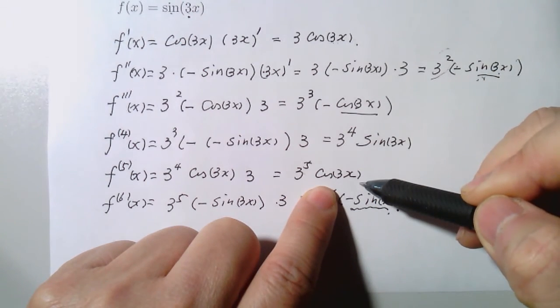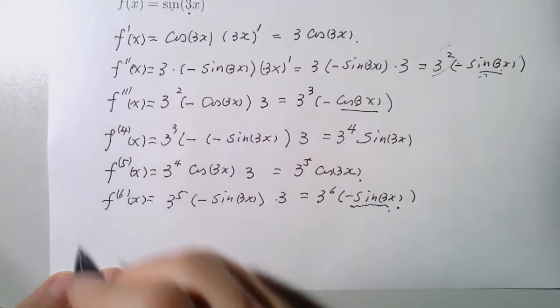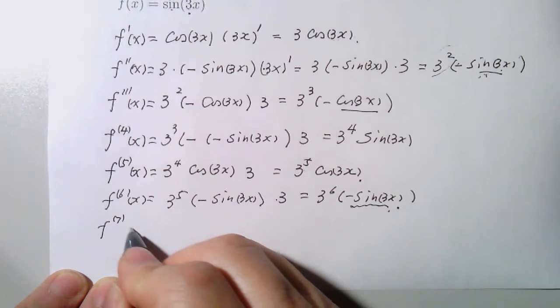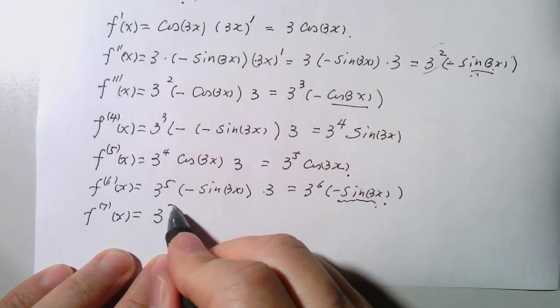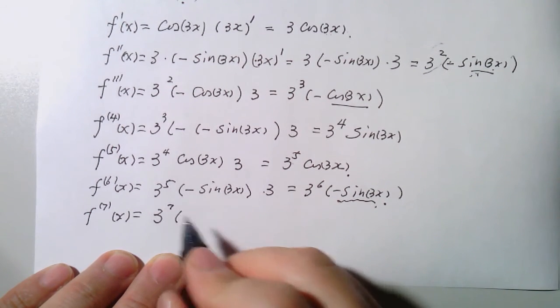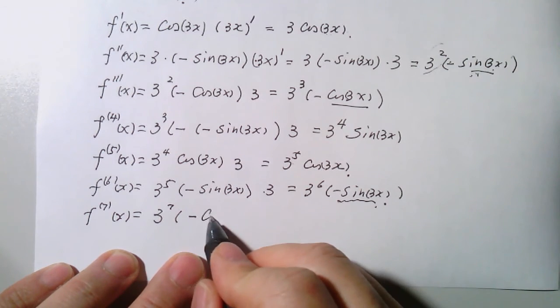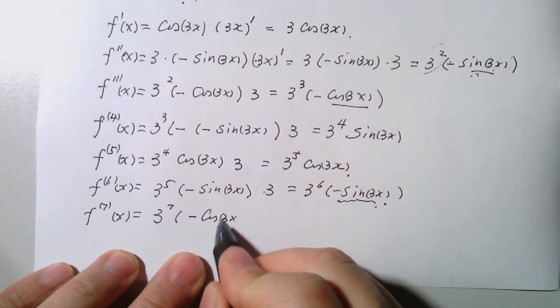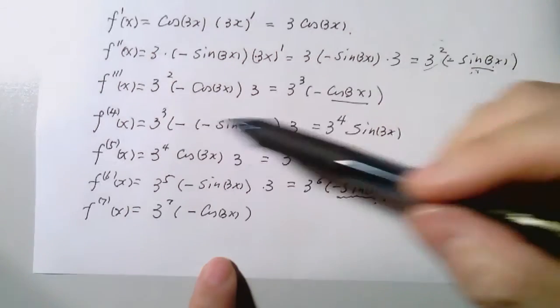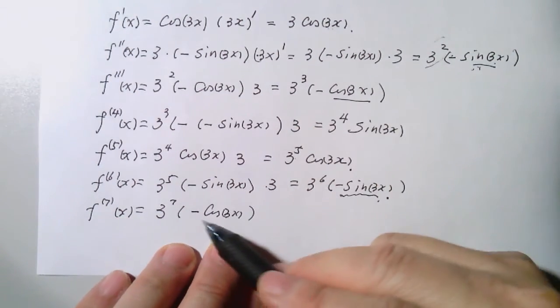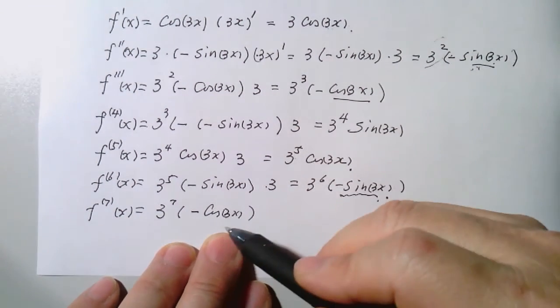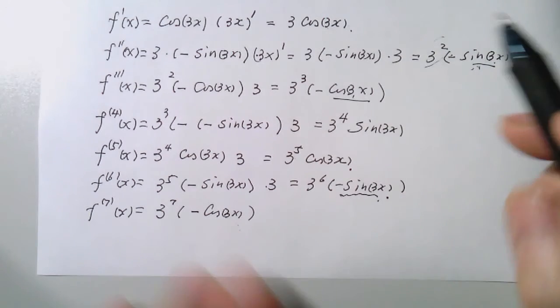If you do the seventh derivative, you get 3 raised to the seventh and negative cosine 3x. So the third derivative and the seventh derivative, besides the coefficient, always have the same function part.